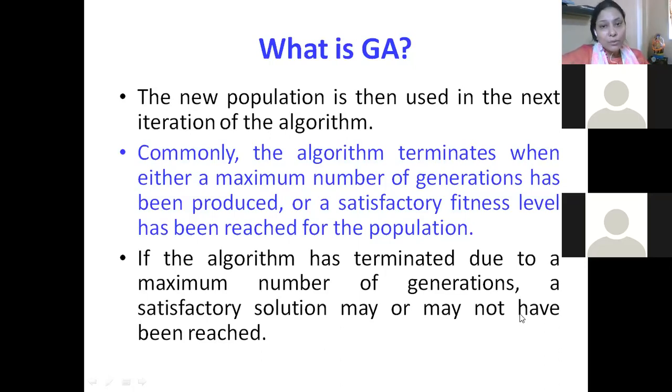Or we can manually select it: this process can be continued until there is a manual speculation that whatever solution is now coming, it will give you a fitter solution, or almost a similar kind of solution to the one we just obtained from the previous generation.